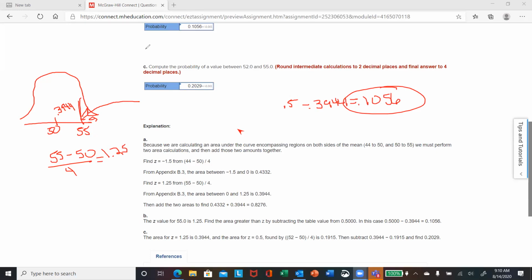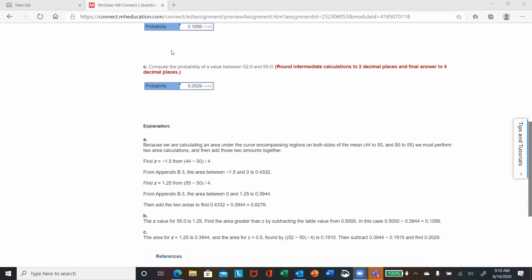All righty. And then the last one on letter C, again, they want you to go between two z-values. In this case it's between 52 and 55. So again, let me draw my curve. And we've got 50 between 52 and 55. So again, you have to do them separately, individually, so get two different z-values.